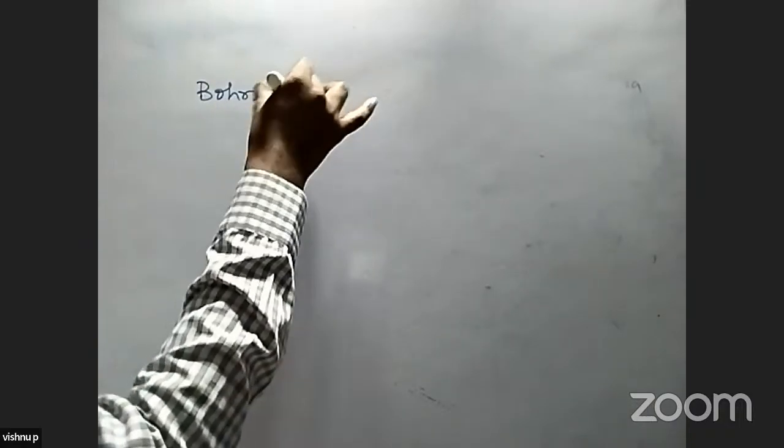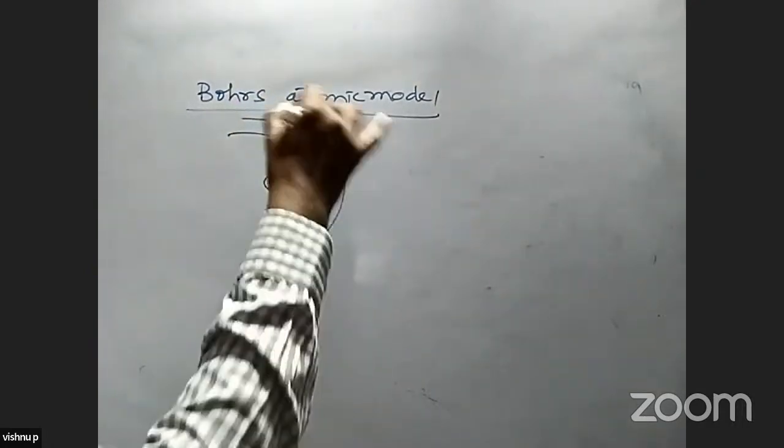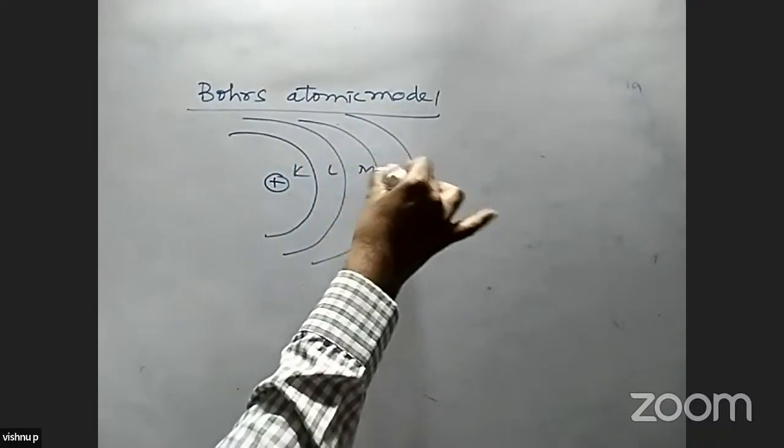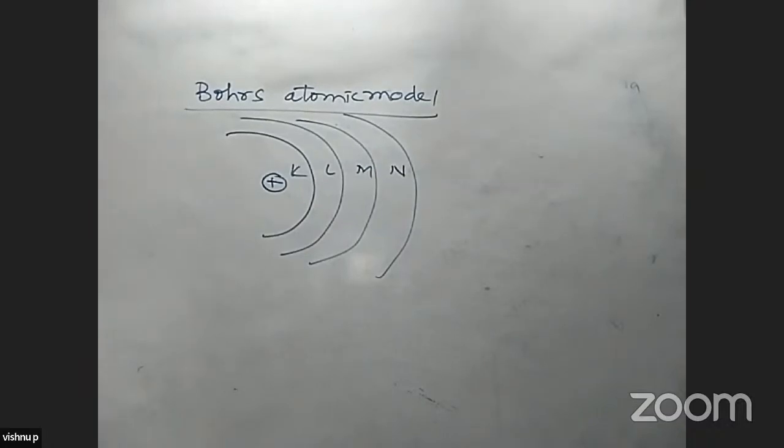After that, based on the spectra, Bohr proposed a theory called Bohr's atomic model. According to Bohr's atomic model, an atom contains a very small nucleus situated at the center, and electrons revolve around the nucleus in circular orbits. These orbits are denoted by K, L, M, N or 1, 2, 3, 4.